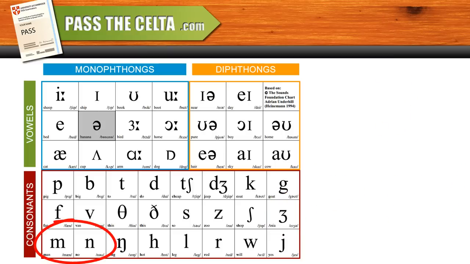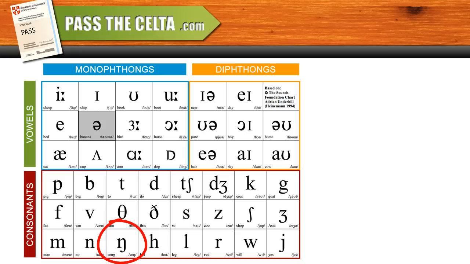The next consonants are m and n, which are represented by the Latin letters respectively M and N. Our next consonant looks like an N, but it's not an N. It's quite difficult to say this on its own actually. It's better when you put it in a word like song.